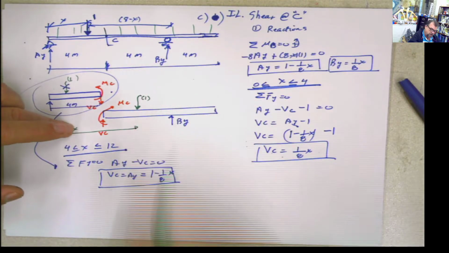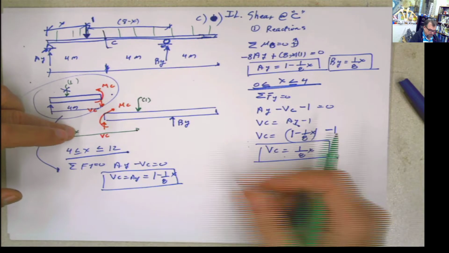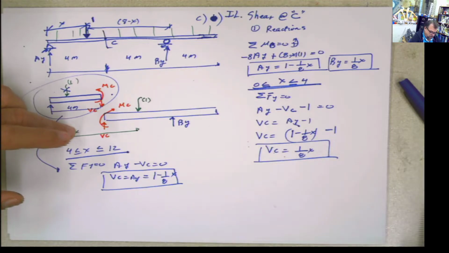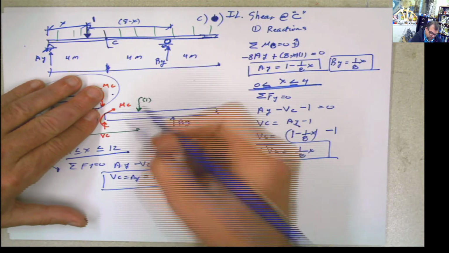I'm going to the other part, which is the moment already. I'm thinking of moment. So for the shear it's almost the same, but not for the moment, even though it's easier for here.